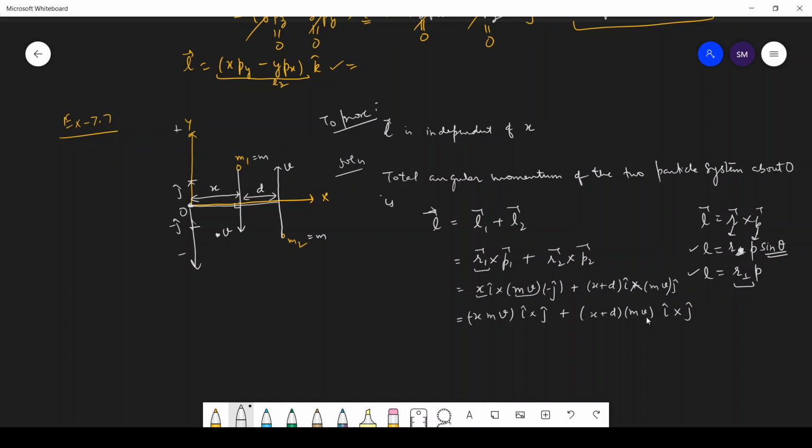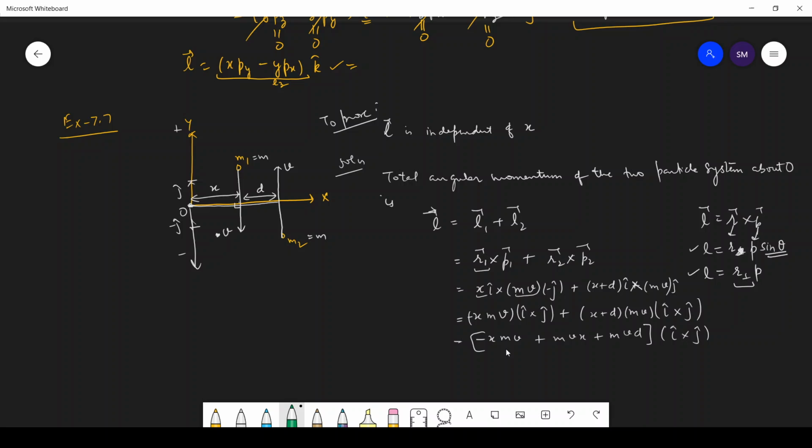So we can write it like this. What does this equal? I cap cross j cap is the common factor, so minus x m v plus m v into x, and this is m v into d, and into i cross j.